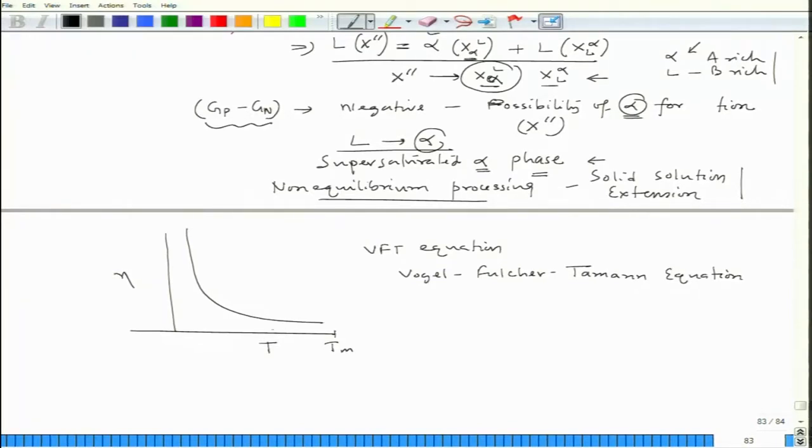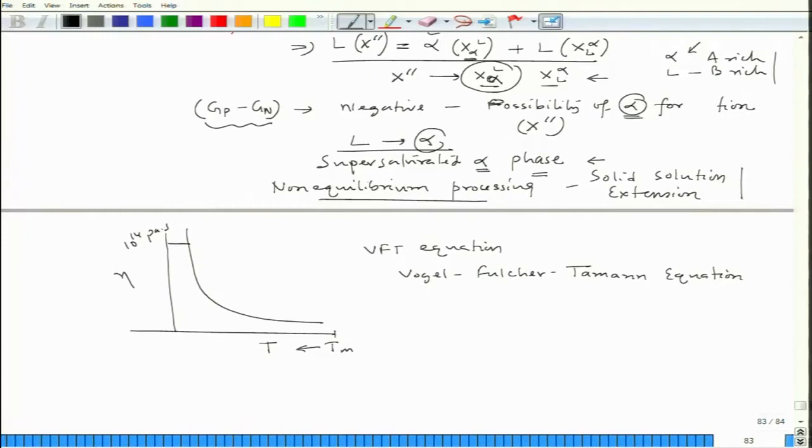So, this viscosity immediately starts shooting up if we decrease the temperature, and then at some point of time the viscosity reaches around 10 to the power 14 pascal seconds, and that time the shear movement of atoms of the liquid stops.